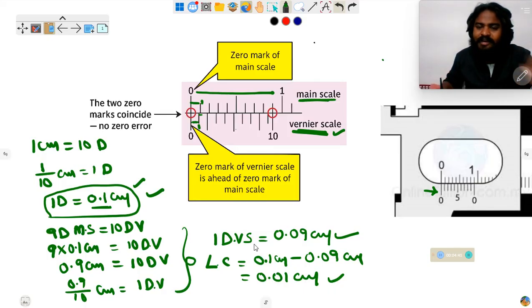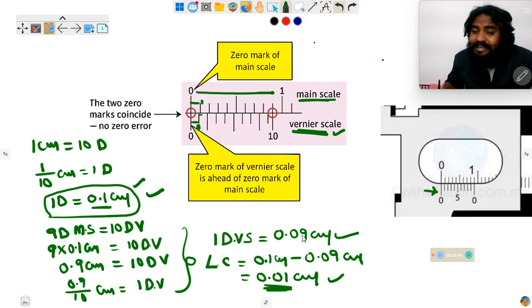So now, whenever you keep the object, what happens? The Vernier scale moves forward. In that condition, if the first digit of the Vernier scale is coinciding with the first one of this, then the Vernier scale has moved forward 0.1 centimeter, right?